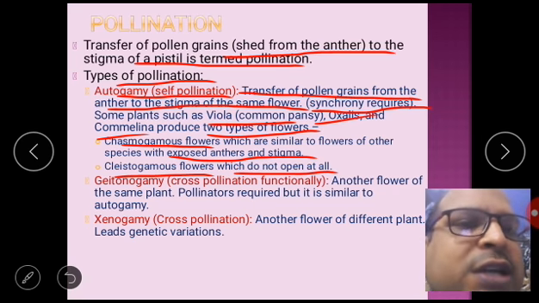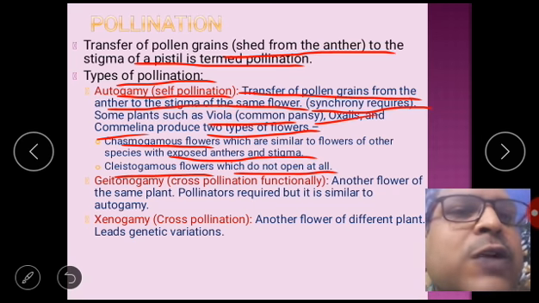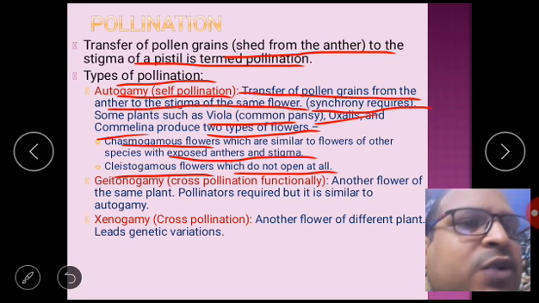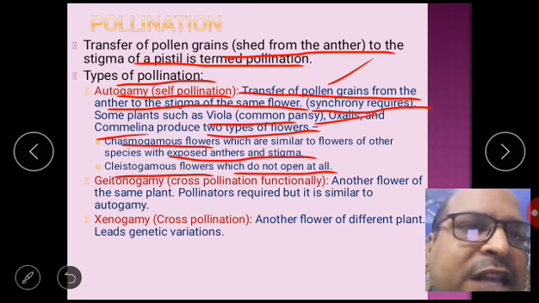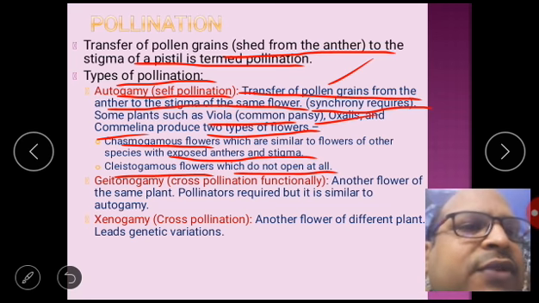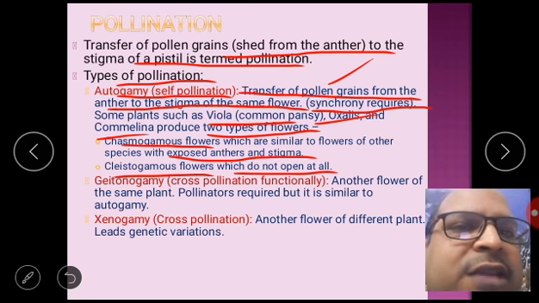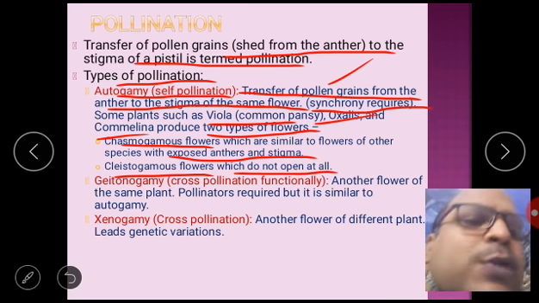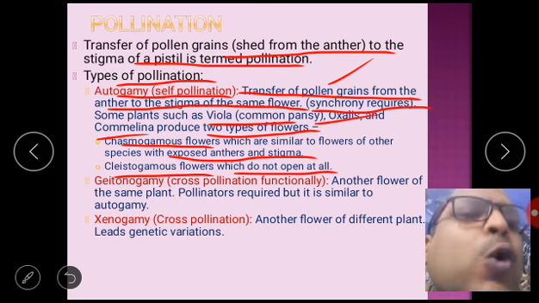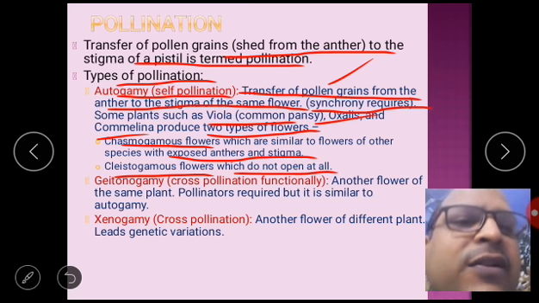So dear students, you must know autogamy is a type of self pollination where pollen grains are transferred from the anther to the stigma of the same flower. In a few plants, two types of flowers can be there: chasmogamous and cleistogamous. In chasmogamous flowers, self pollination as well as cross pollination can occur, because they are open like normal flowers.